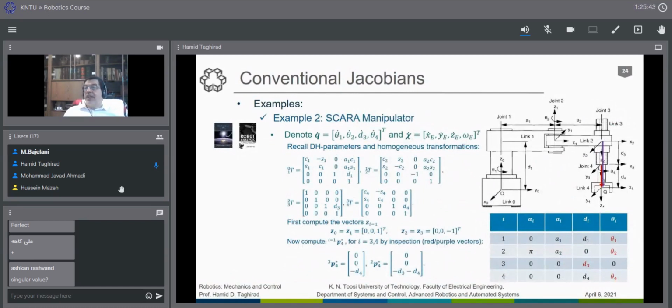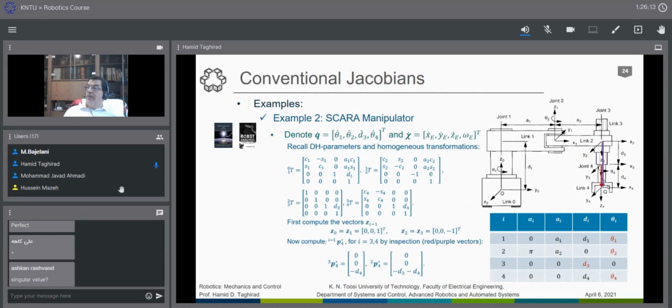But as we denote, we have 4 variables, as you see. Just to remind you, the SCARA has a θ1, a θ2, and then we have a d3, and the θ4 for the orientation of the last term. So θ̇1, θ̇2, ḋ3 and θ̇4 are the velocity vector in the joint space.